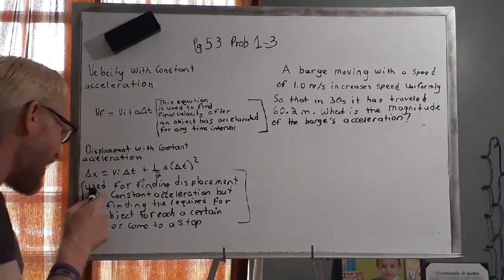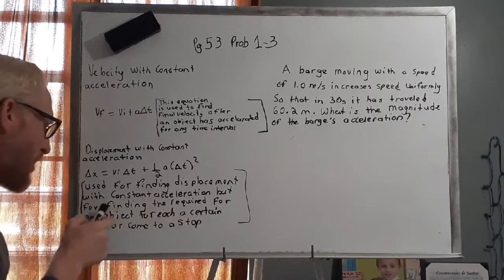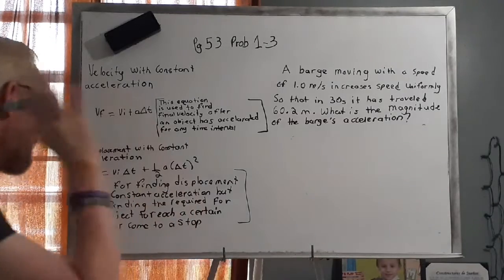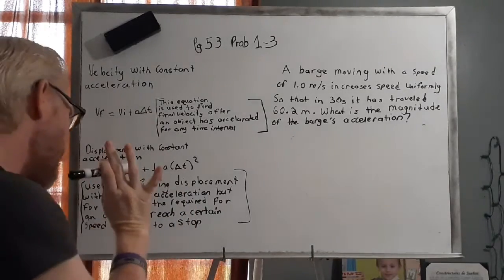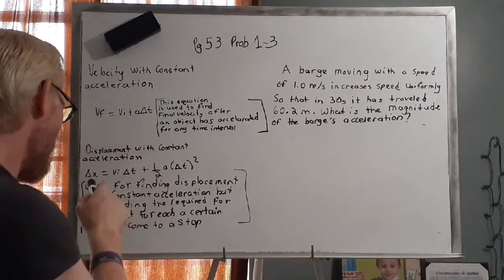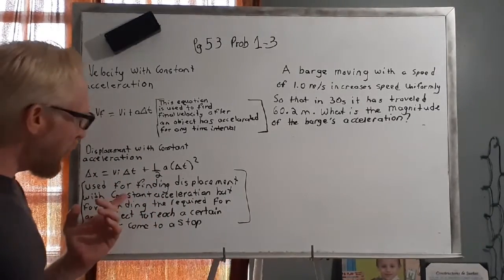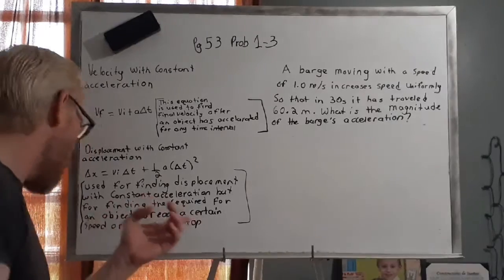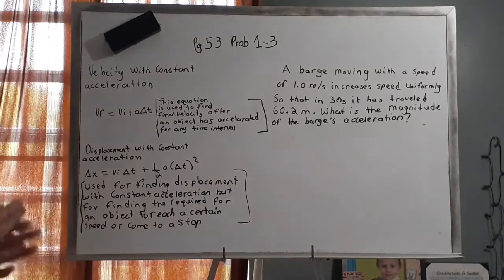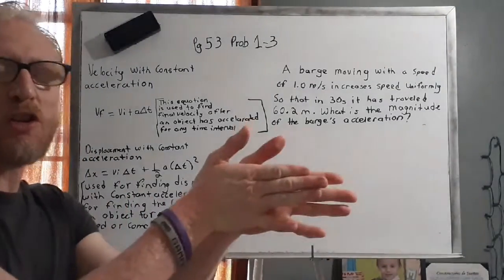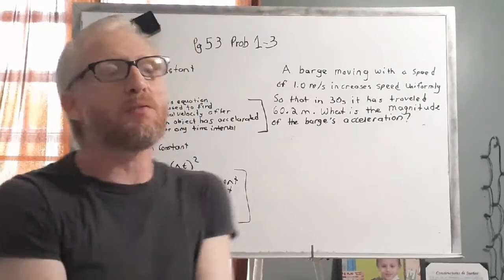It is used for finding displacement with constant acceleration, but more for finding the required acceleration of an object to either reach a certain speed or come to a complete stop.